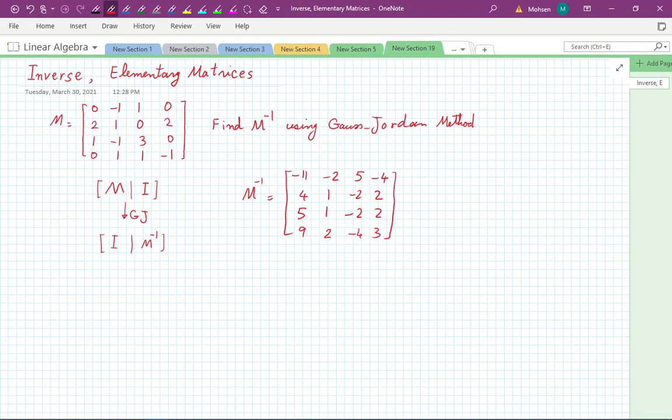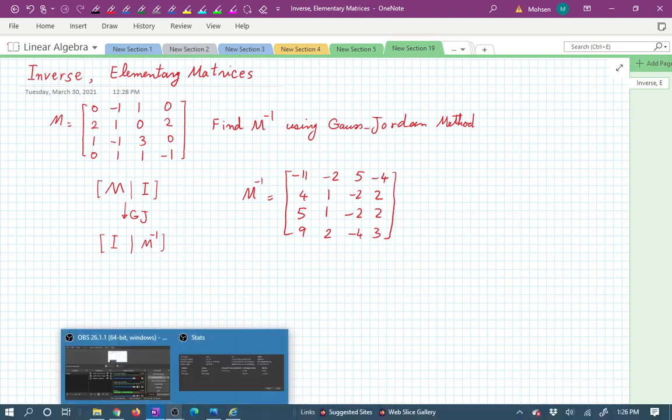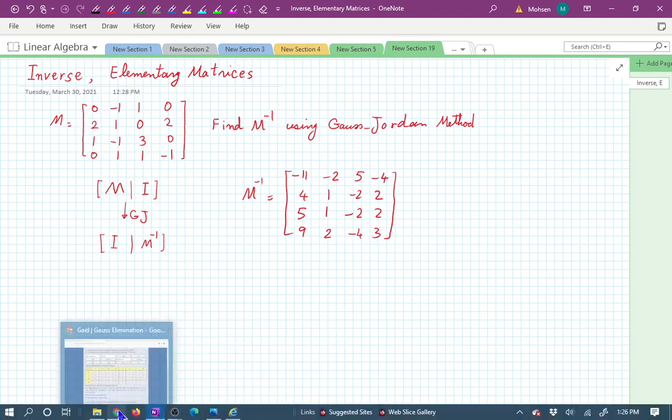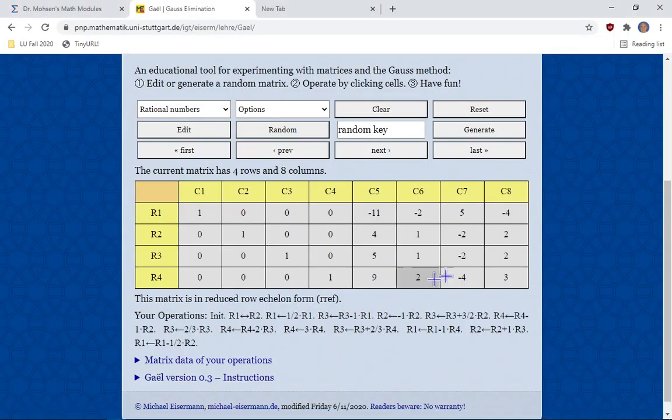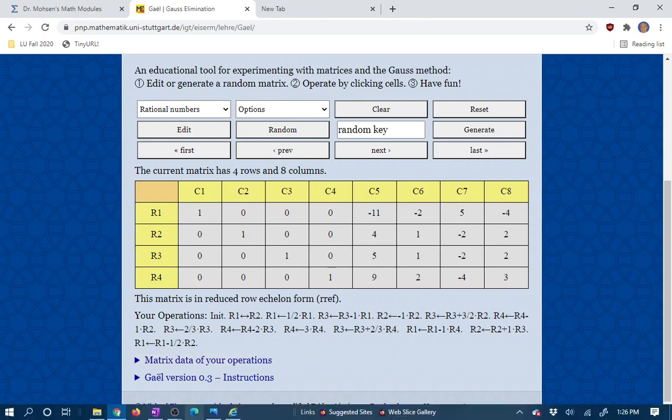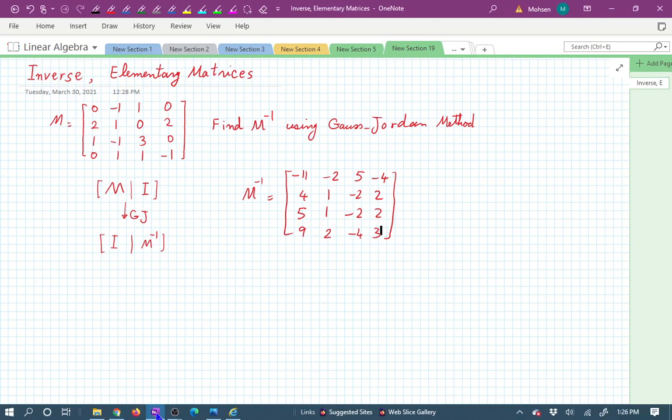Let me double check, make sure I copied it correctly. Okay, it looks like we are on the right track. So this is M inverse.